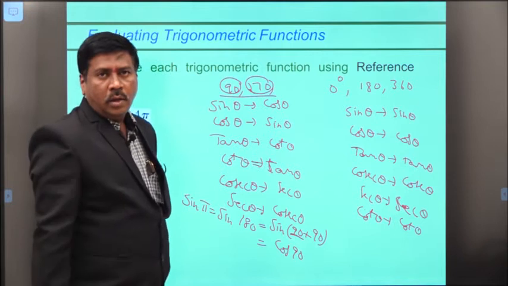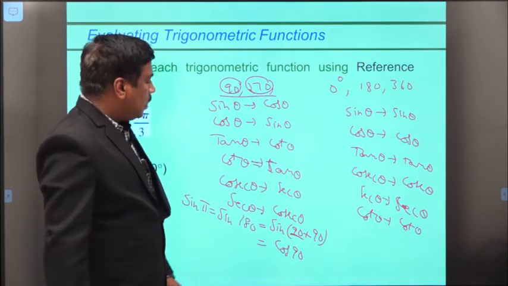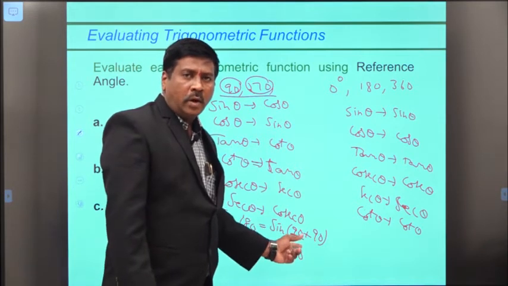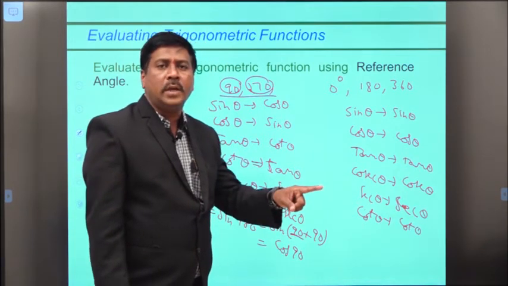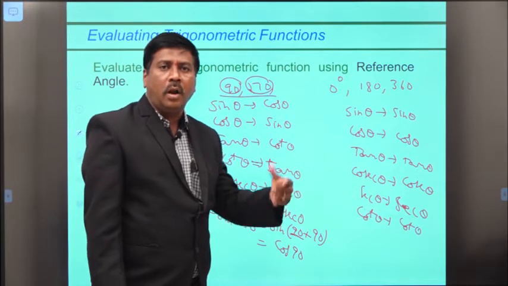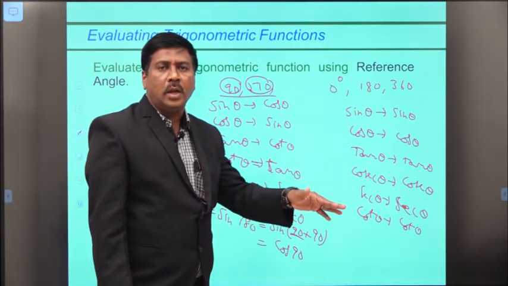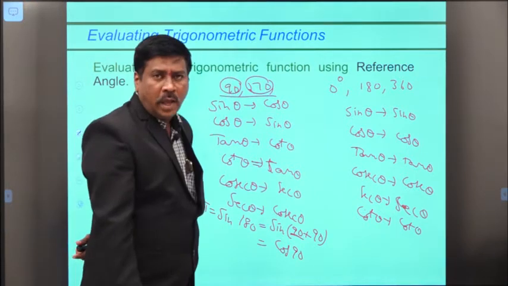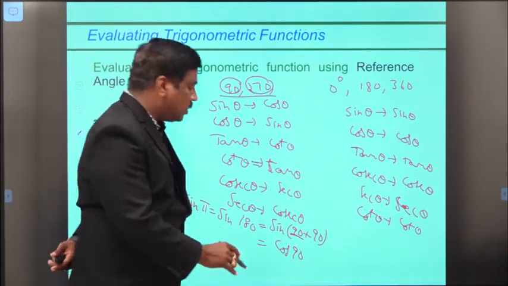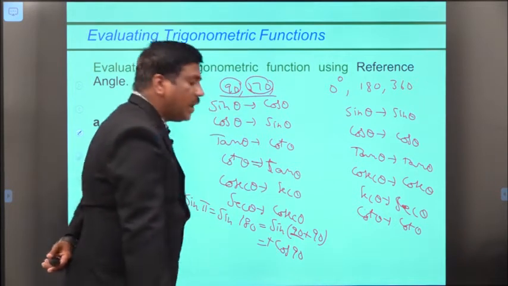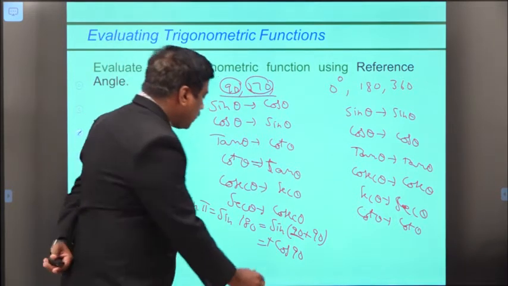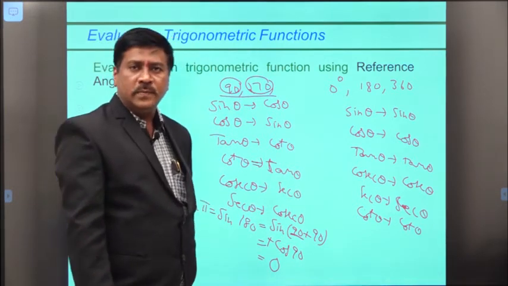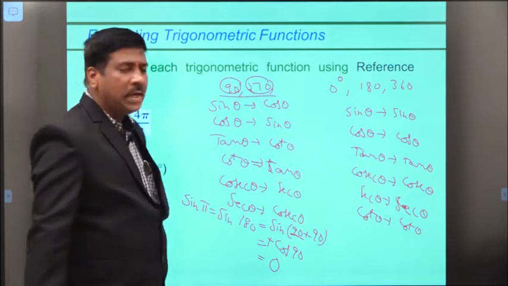This is 90 plus theta, which is the second quadrant. In the second quadrant, sine and its reciprocal are positive and all the other ratios are negative. Since sine is positive in the second quadrant, it is cos 90, and cos 90 is 0.